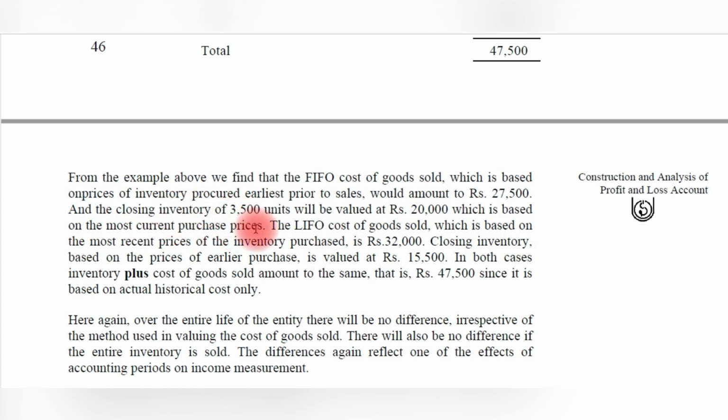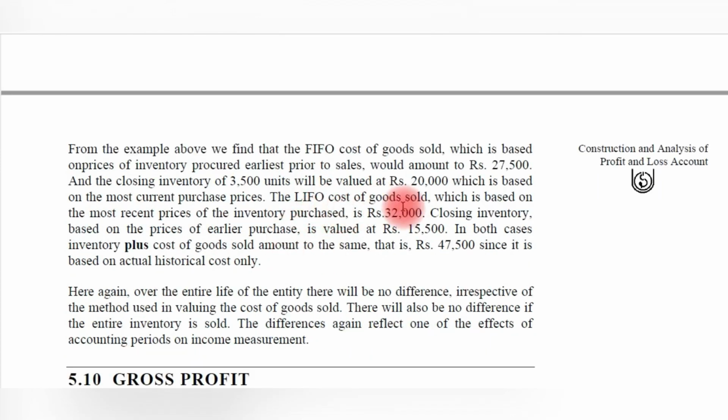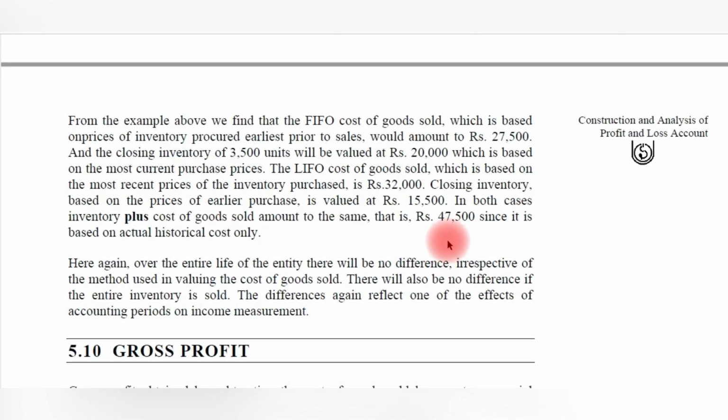So the leftover stock will be at the current prices and the sold stock will be at the oldest prices. The last in first out cost of goods sold, which is based on the most recent prices of the inventory purchased, is 32,000 rupees in this example. Closing inventory based on the prices of earlier purchases is valued at 15,500 rupees. In both cases, the total amount is 47,500 rupees, because it is the total cost.